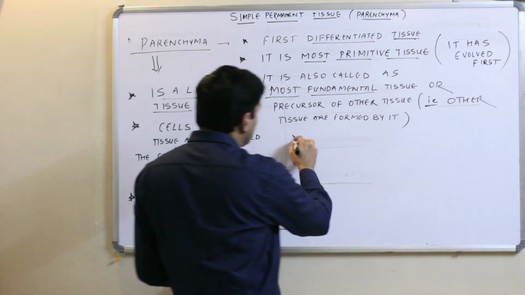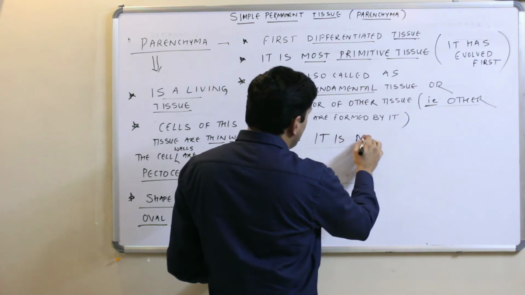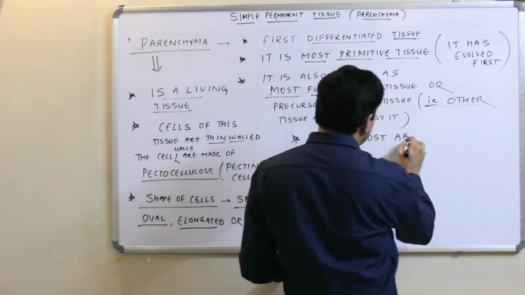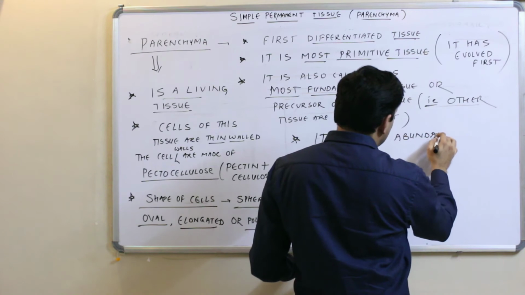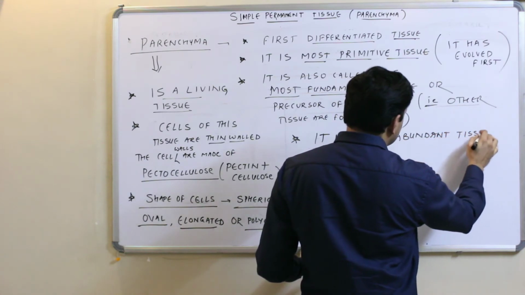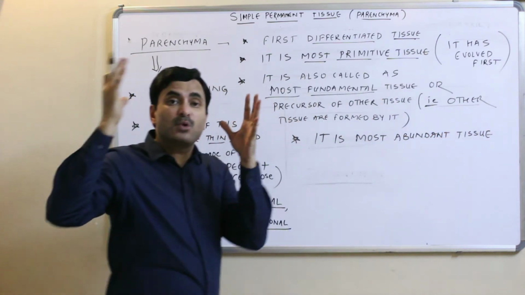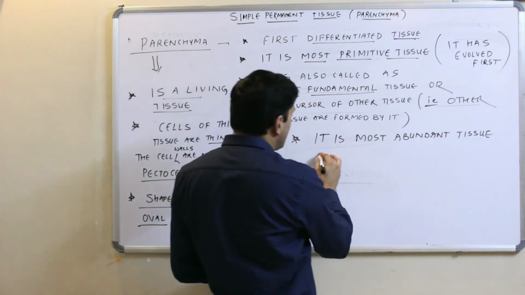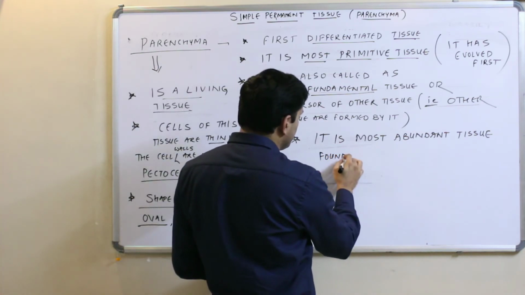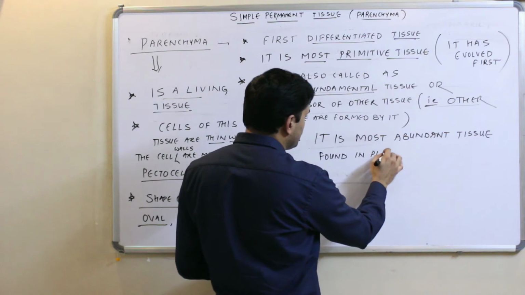And remember, it is the most abundant tissue. Abundant means found in too much quantity. It is the most abundant tissue found in plants.